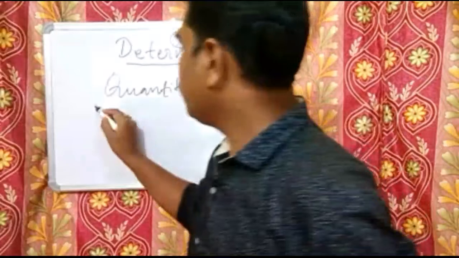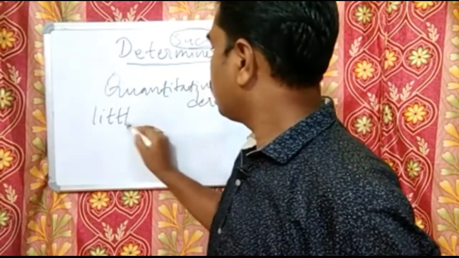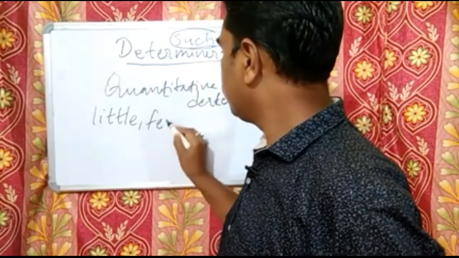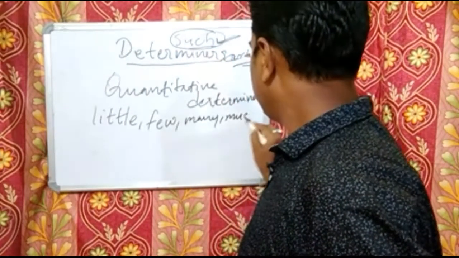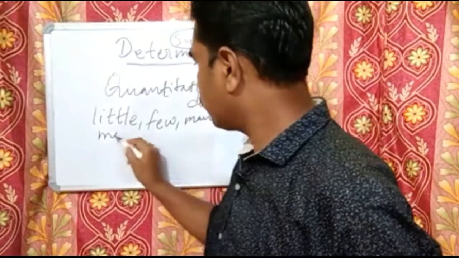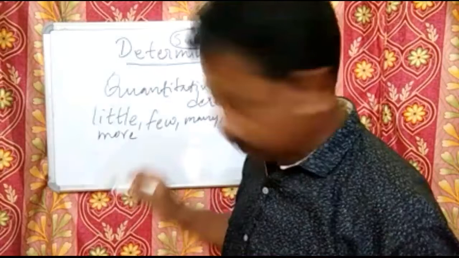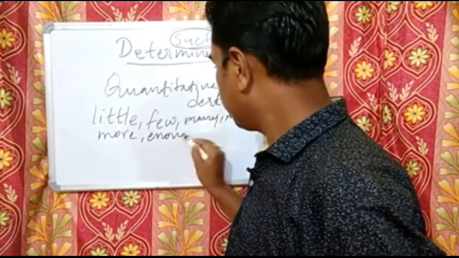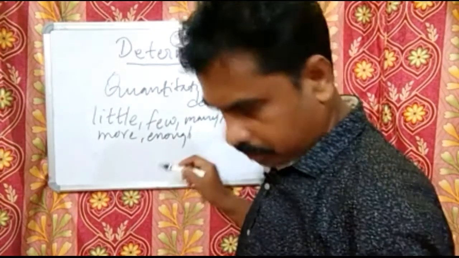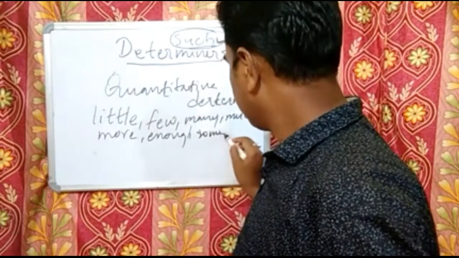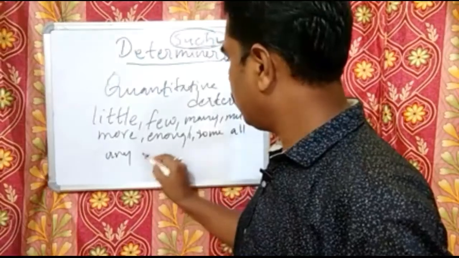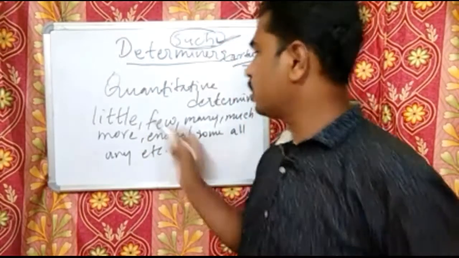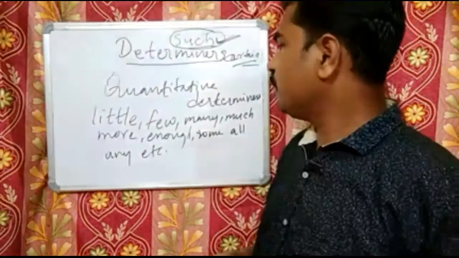So we have some examples here, like little, few, many, much, more, enough, some, all, any, etc.